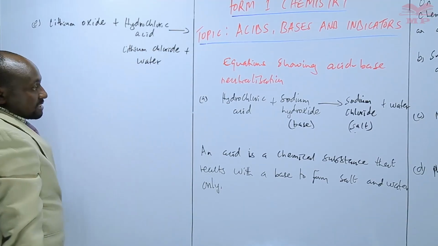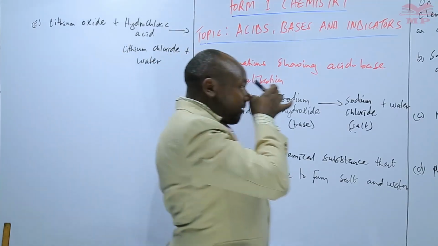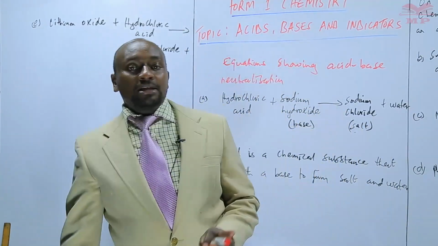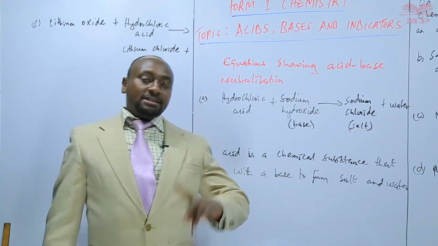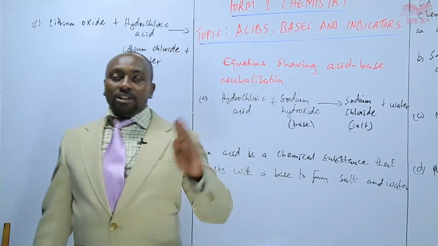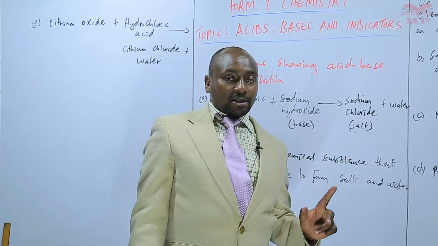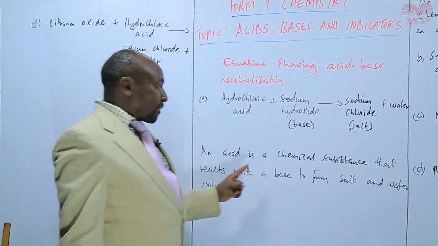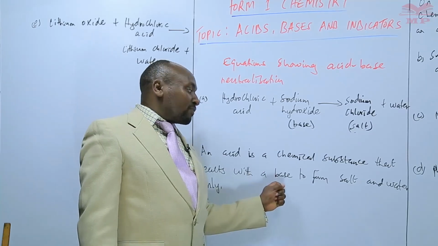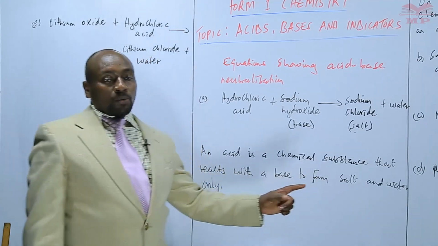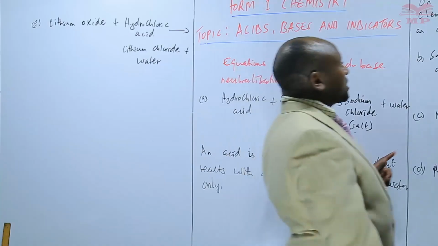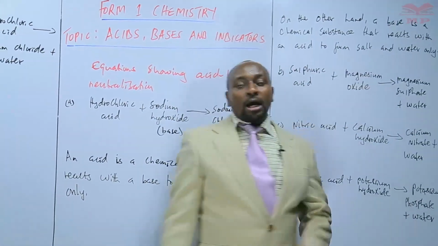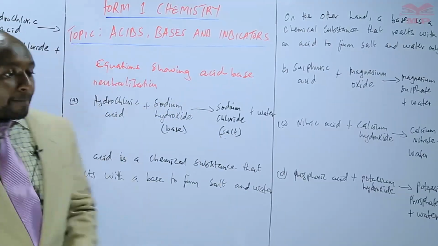So in all these examples, we are forming a salt and water. In a neutralization reaction, an acid-base reaction, salt and water are the only products. And that's why we defined an acid as a chemical substance that reacts with a base to form salt and water. We also defined a base as a chemical substance that reacts with an acid to form salt and water only, or as the only products.